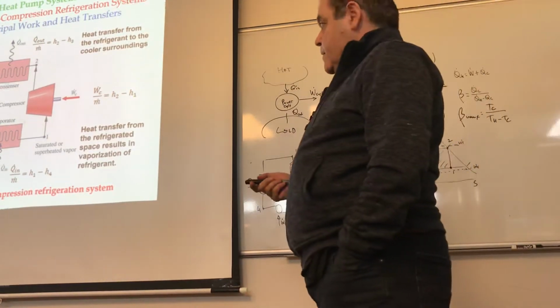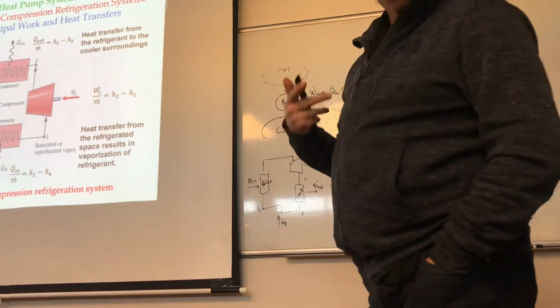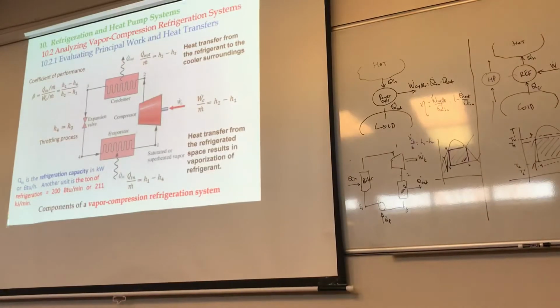Okay, so it's just another unit. Sometimes you calculate things in kilojoules per minute, and to convert that to tons, you just divide by 200, and you should get the answer in tons.